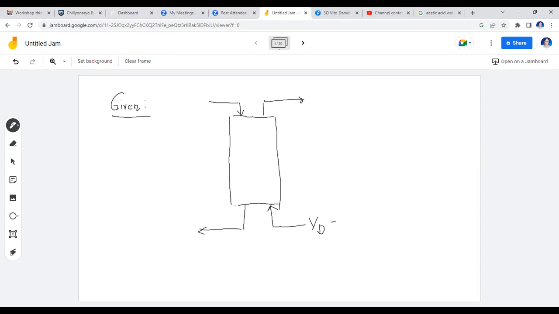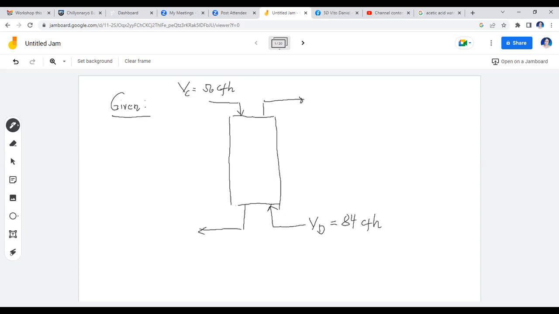In our problem, this is toluene, and this is 84 cubic feet per hour. Our continuous phase or our heavy phase, our feed, is introduced on top, and its flow rate is 56 cubic feet per hour.